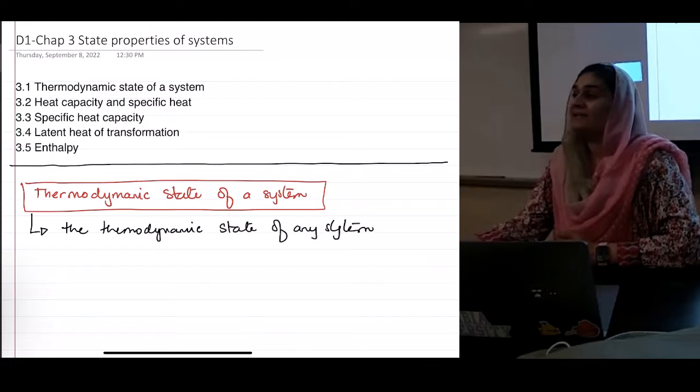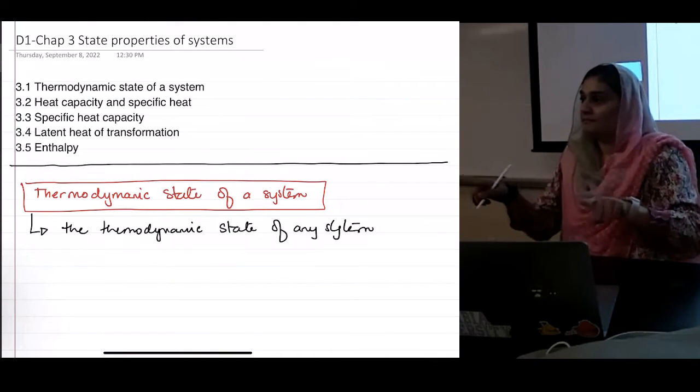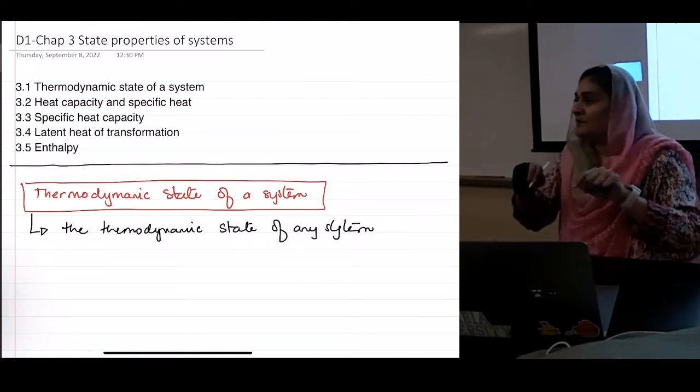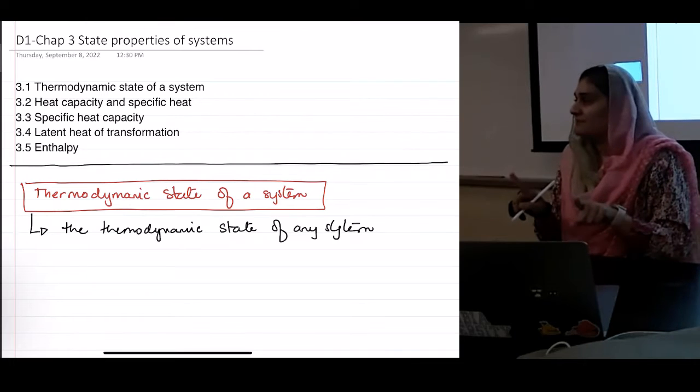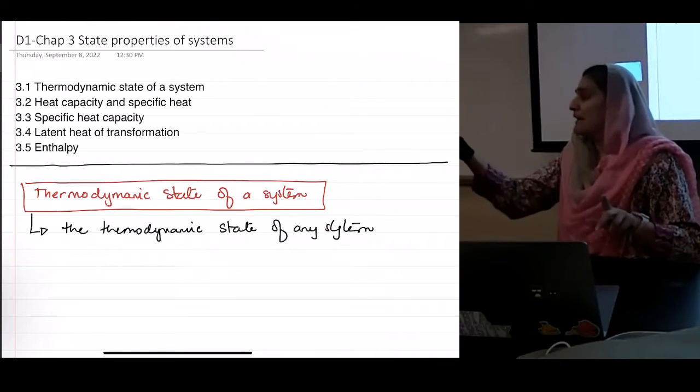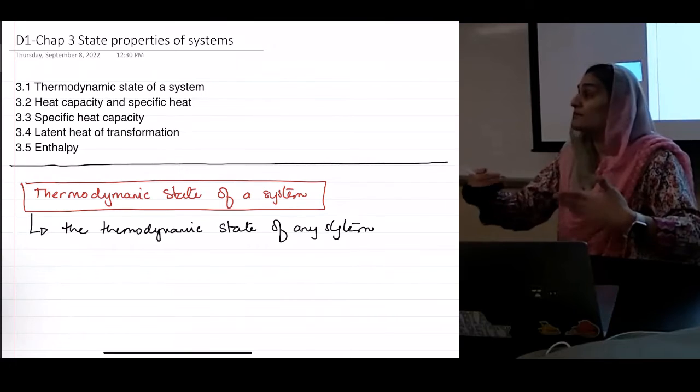What defines a system? Boundaries. What is around a system? Surroundings. So these are words we are going to get familiar with.